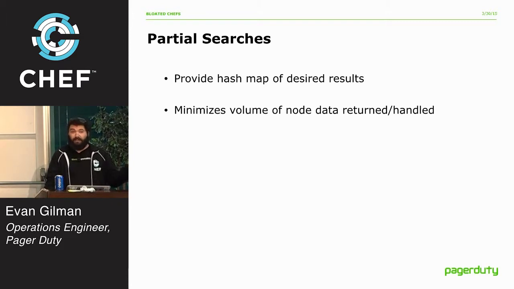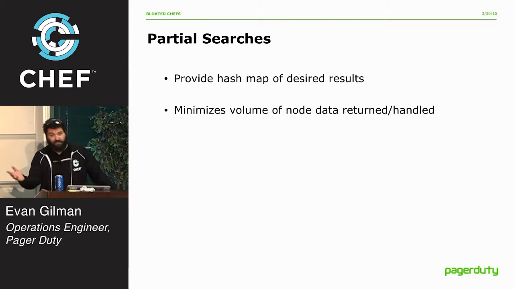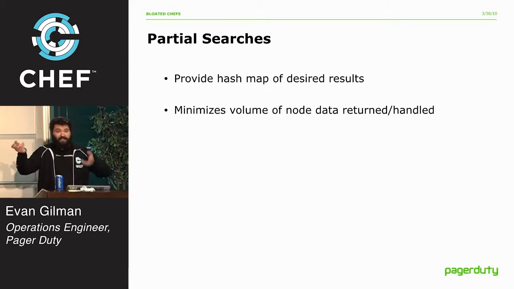It returns a hash map, not a node object. Searches usually return node objects. So many methods, especially methods that we write in-house, often take a node object as an argument to compute differences between nodes and things like this. So you can't just drop the partial search in. So we still need the node objects.